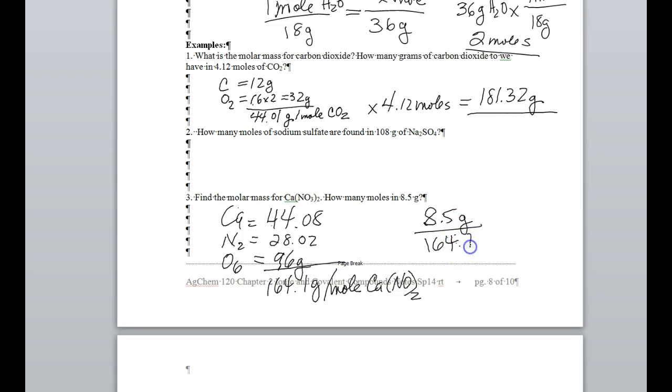And that should give you 4.5 moles in 8.5 grams of calcium nitrate. Not very many moles, right? Very tiny. Does everybody see how he got that? So see, this really isn't rocket science, is it? Basic algebra.